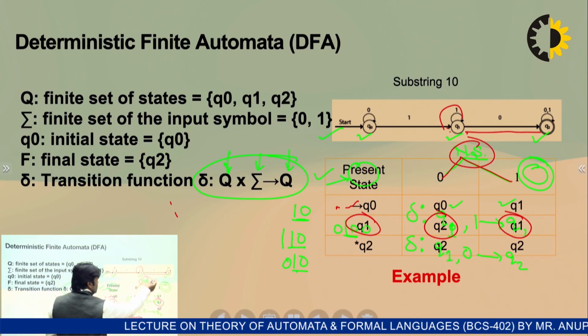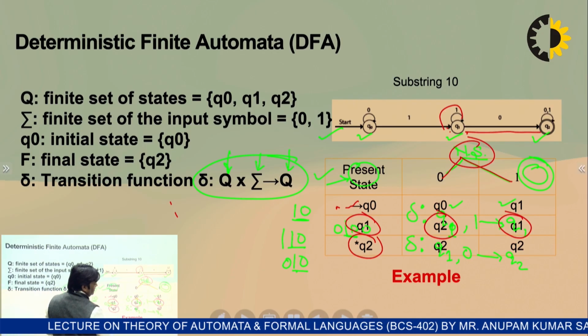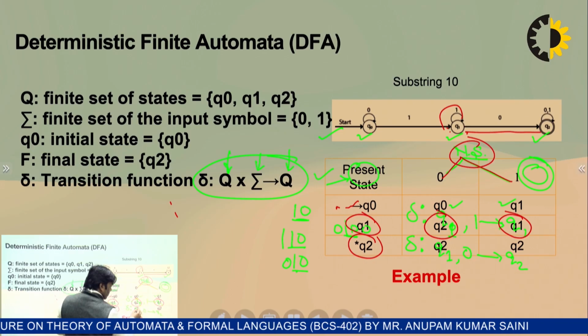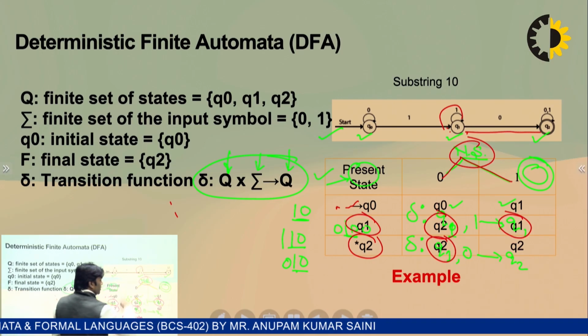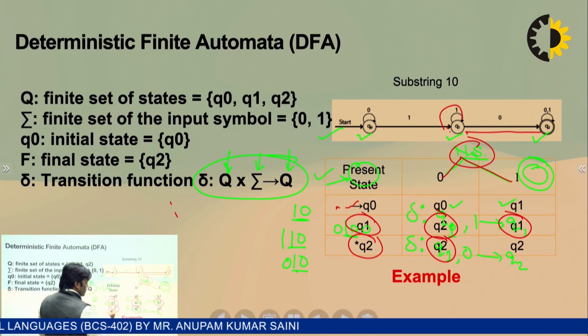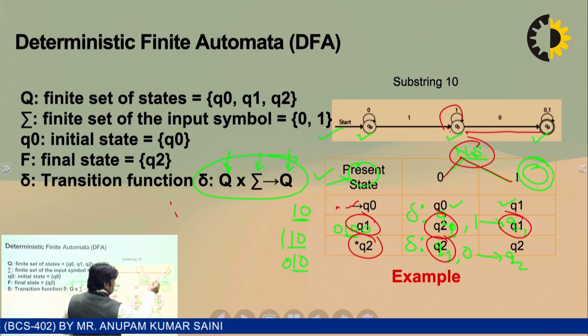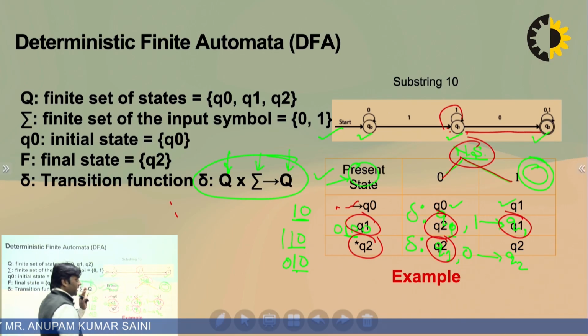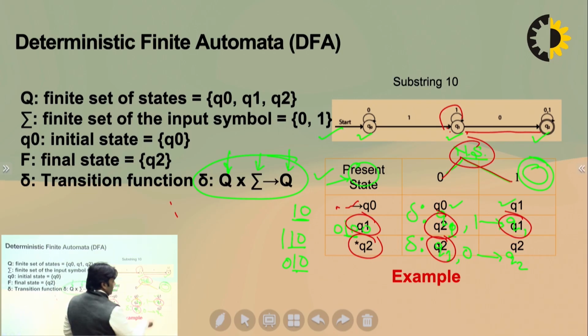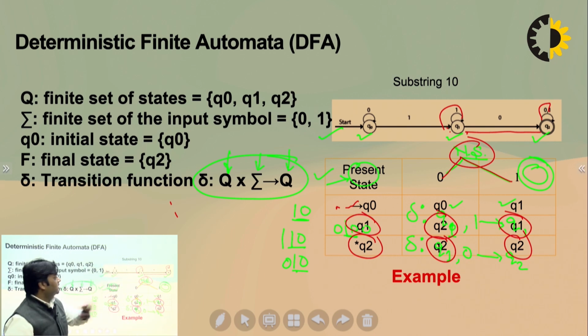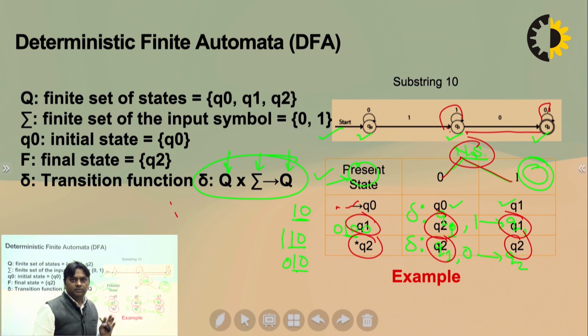And for the final state Q2, when the input symbol is 0, the next state is Q2, and when the input symbol is 1, the next state is also Q2. This way we construct a transition table.